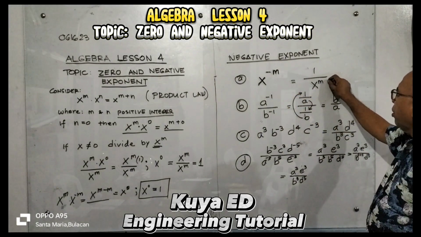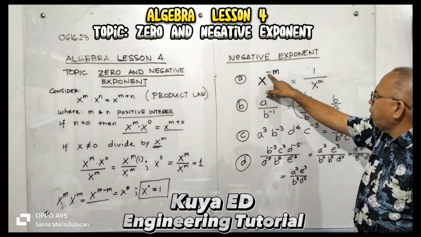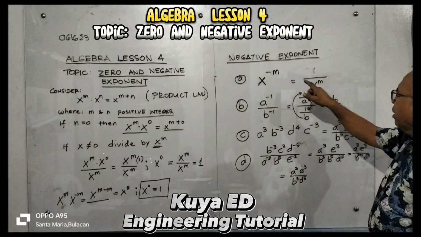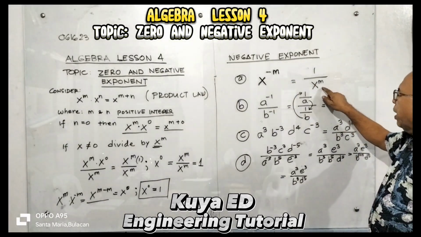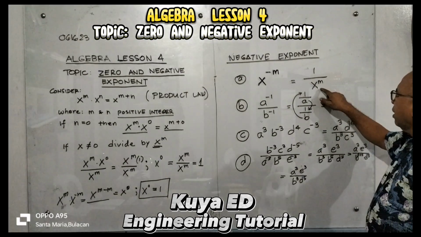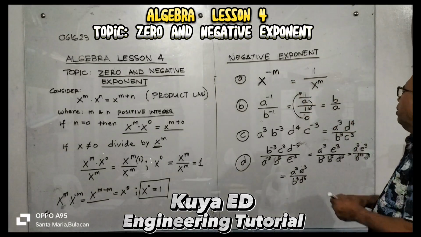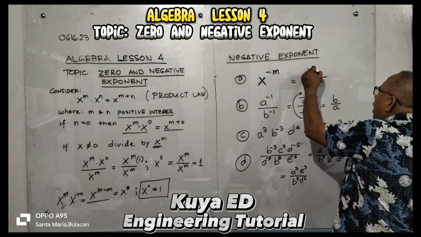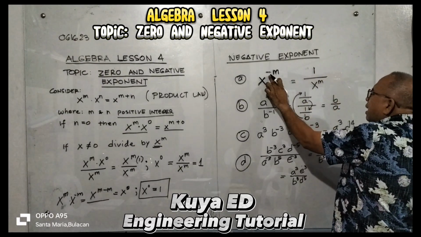Atin lang kunin, ibalik natin siya para mawala yung negative. Ang tunay niyang kalagayan ay nasa denominator: power of the x, denominator x, or reciprocal of this. So, you will see now that the negative no longer exists.